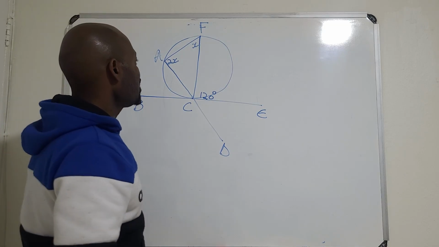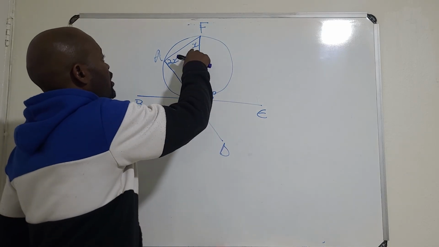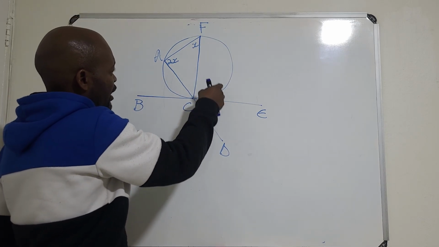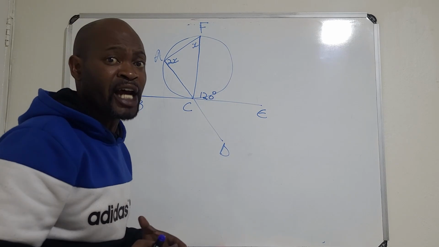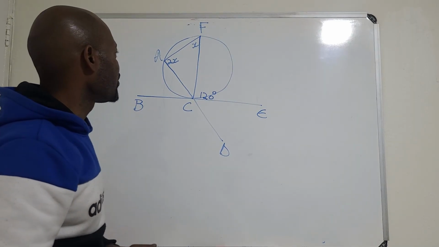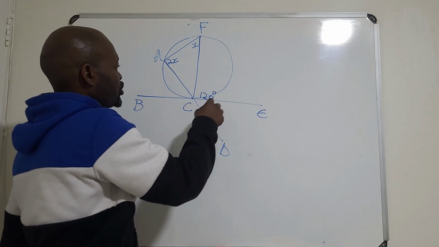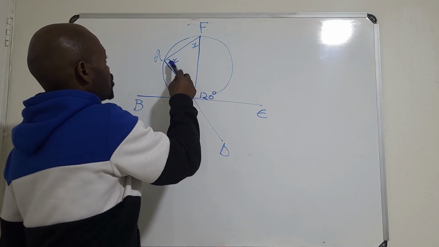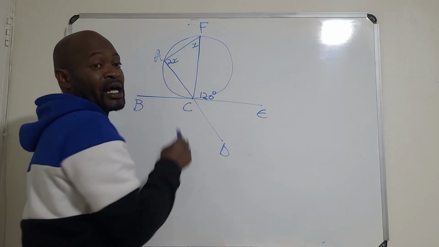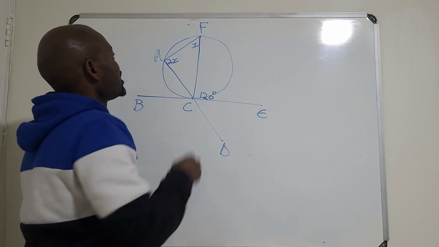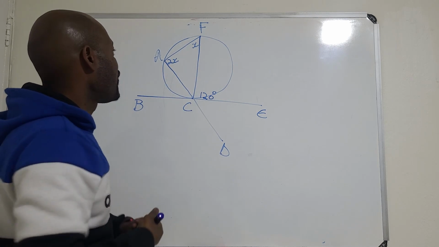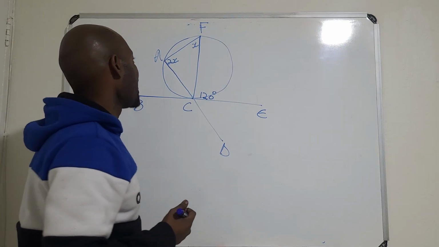Now, for us to find the value of x, we can see that this angle there is an exterior angle of a triangle. And we know from part 1 that the exterior angle of a triangle is equal to the sum of the opposite interior angles. This angle is equal to this angle plus this angle. Therefore, we can find x.